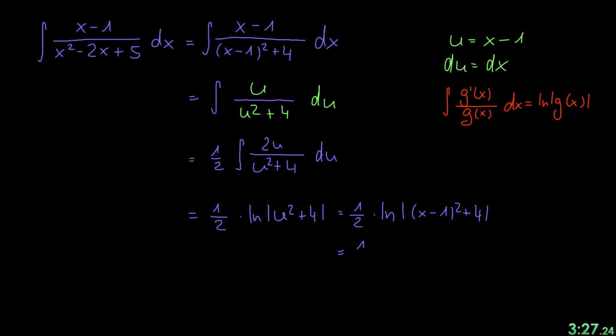So we can solve that square, and we get 1 over 2 times the natural log of x squared minus 2x plus 5. And that is our solution right here. Alright, neat. Let's go to the next one.